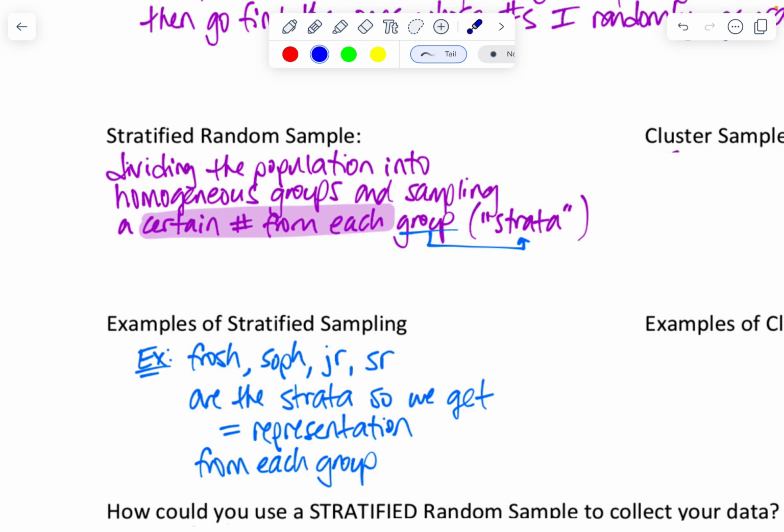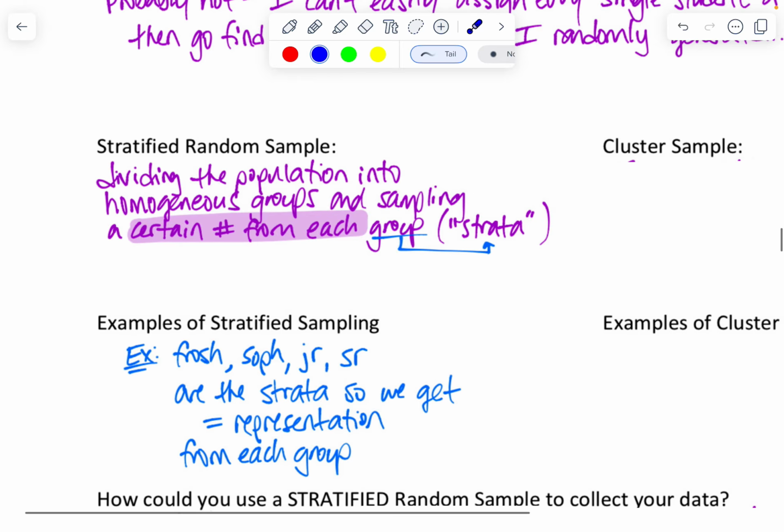You're probably not going to get equal representation. So this is one of the main pluses of a stratified sample, is you can get equal representation from each group. Okay, so that's kind of cool. And let's pretend that we number all of the freshmen then, 1 through, I don't know, 700 something, however many freshmen there are.